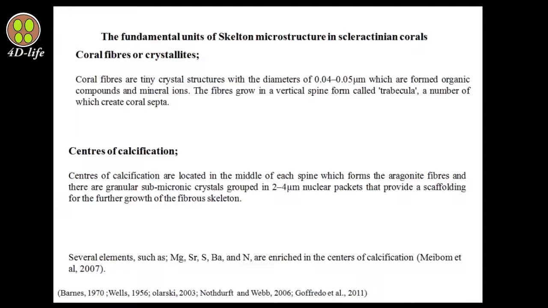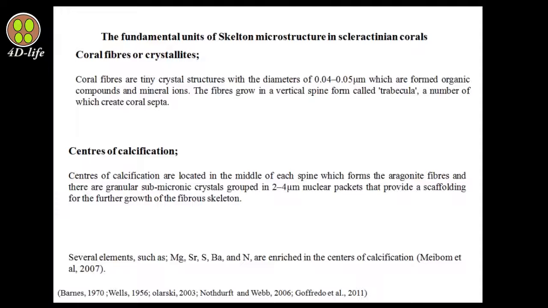They make a three-dimensional form in the coral skeleton. They assemble in a spherulitic form and are gathered into fish head-shaped bundles. The fibers grow in a vertical spine form called trabecula, and a number of trabeculae create coral septa.